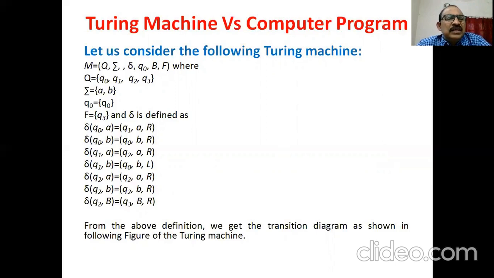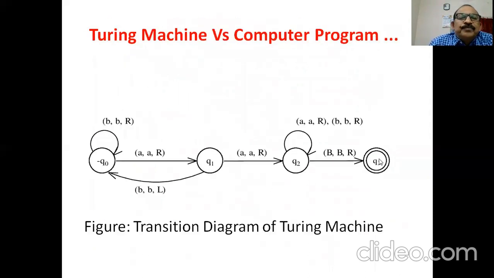Q0 is the initial state. Q3 is the final state, and these are the transition functions. With the help of these transition functions and the 7 tuples, we can draw a transition diagram. Now, suppose this is a transition diagram of the above Turing machine.